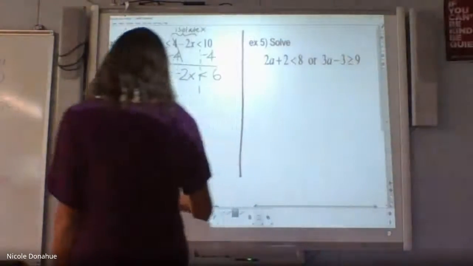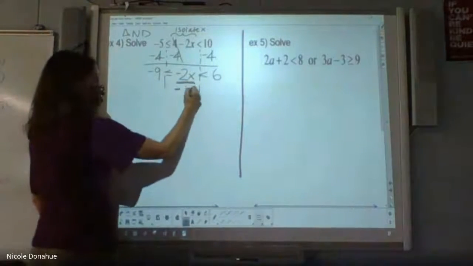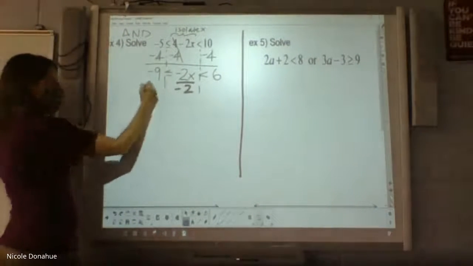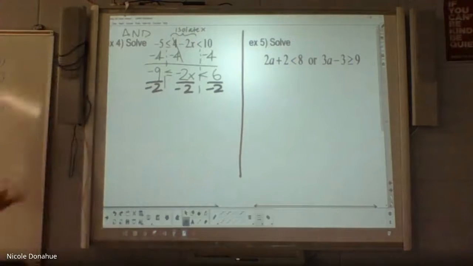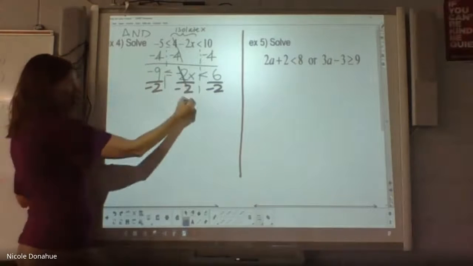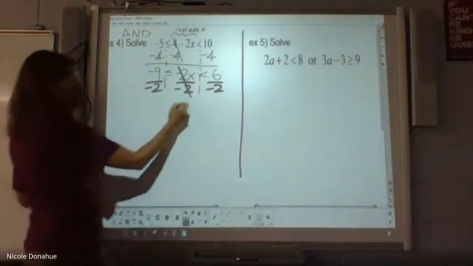Negative. So we're dividing by this negative 2 here. Since I'm dividing by negative 2 in the center, I have to divide by negative 2 on either side. But what do I also have to remember when I divide by a negative? Flip the inequality. So this one has a lot going on. I chose this one intentionally, probably tougher than most of the ones we'll see in our homework, but I have to remember to flip that inequality.